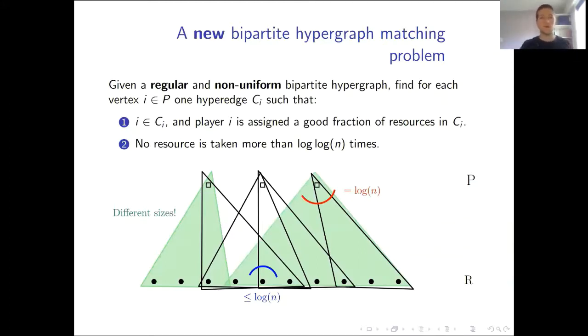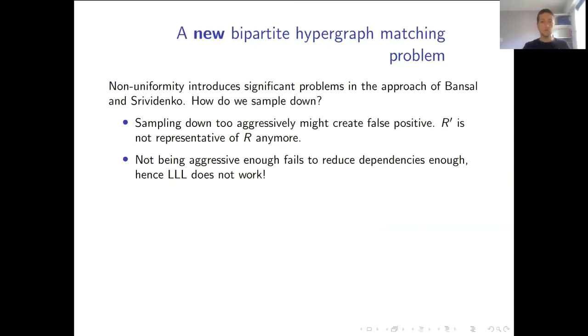Now the non-uniformity of the hyperedges, the fact that they can have very different sizes, introduces significant problems in the approach of Bansal and Sviridenko. And why is that? Because their approach has this first step of sampling down the resources that is crucial to apply the Lovász local lemma.